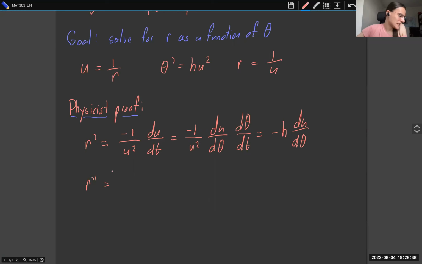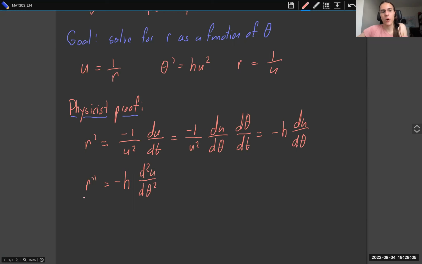So you're going to get negative h, and then maybe we can write it as d squared u dt d theta, although this makes less sense than what I'm going to write. So I'll write it like this, d squared u, and now we're going to differentiate d theta squared.